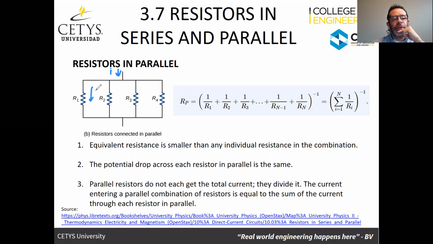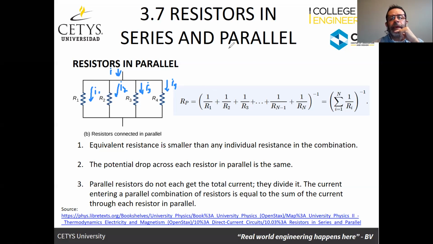So in parallel, the current is divided: 1, 2, 3, and 4. These are being divided, and the voltage is going to be the same.